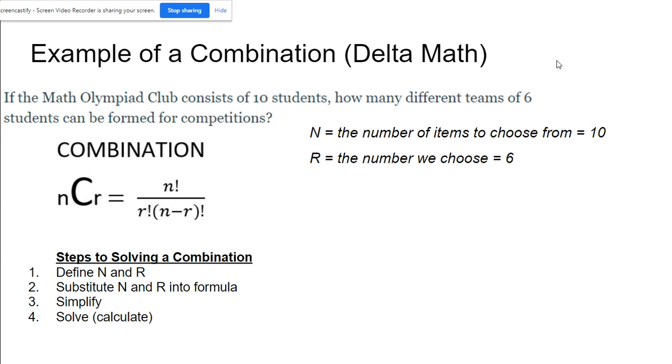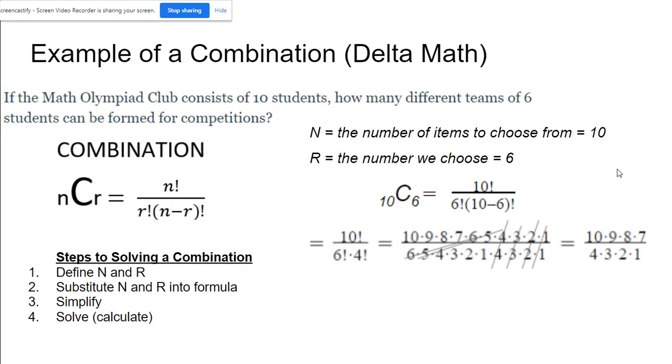N is the number of items to choose from. We have 10 students. R is the number we are choosing. How many different teams of 6 students can be formed to make competitions? So step 2, substitute n and r in the formula. You get 10C6 equals 10 factorial over 6 factorial times 10 minus 6 factorial.